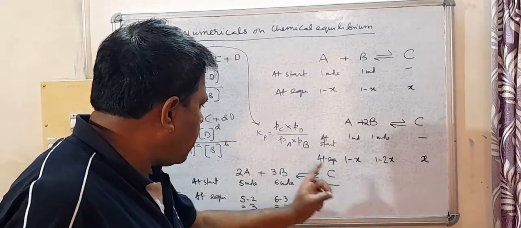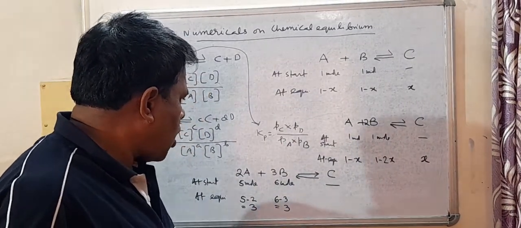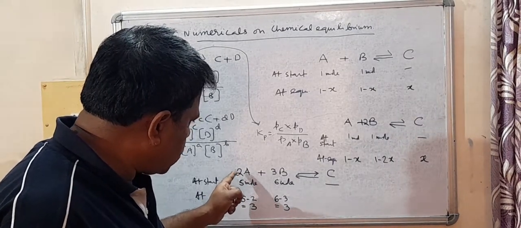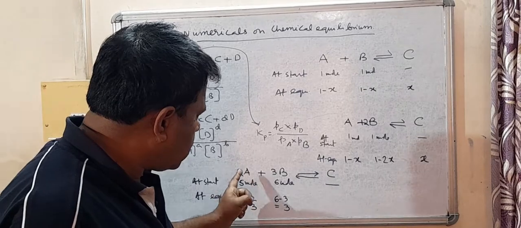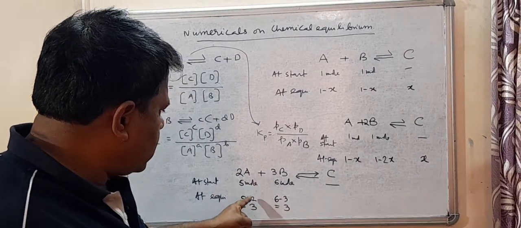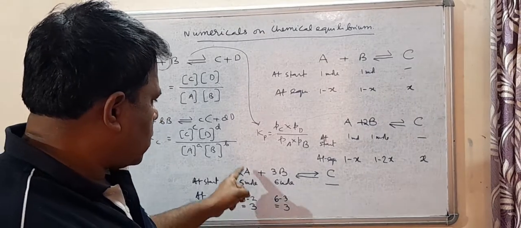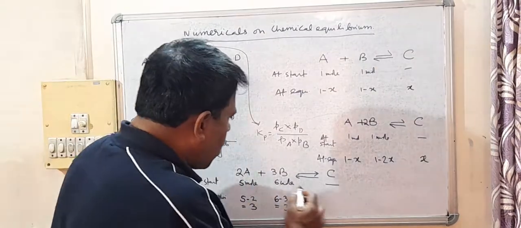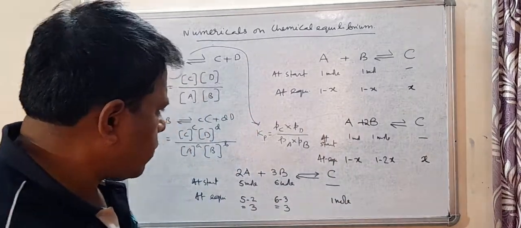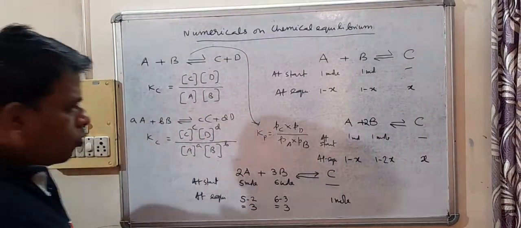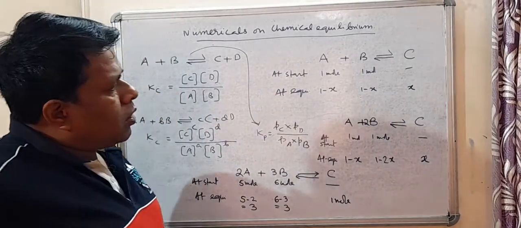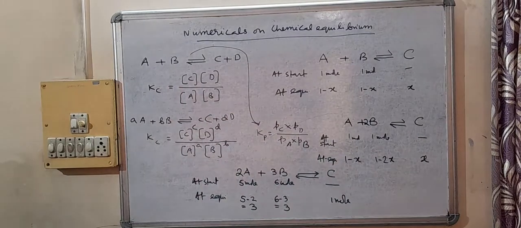Now, how many moles of C will be produced? As shown, 2 moles of A react to form 1 mole of C. If 2 of A has reacted, 1 mole of C will be produced. So moles at equilibrium will be 3, 3, 1. This concept you should have.